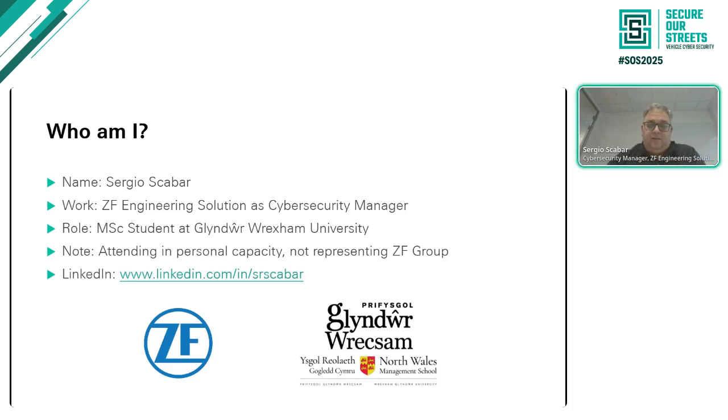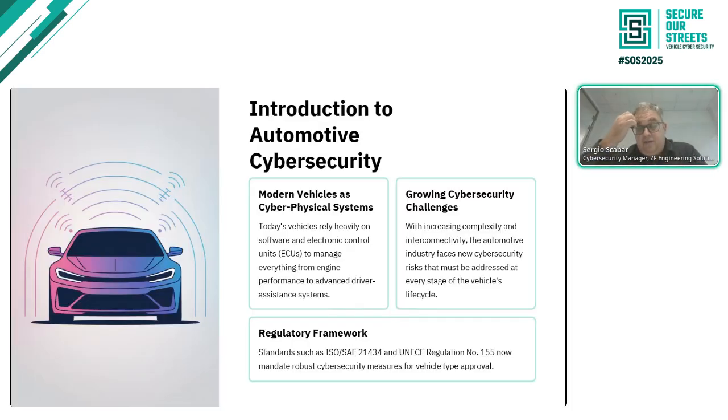Let's start with an introduction to automotive cybersecurity. Modern vehicles are incredibly complex cyber-physical systems. They rely on dozens of ECUs and millions of lines of code to deliver safety, performance, and convenience. This complexity also means a much larger attack surface.